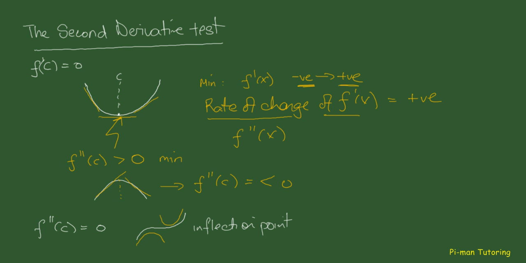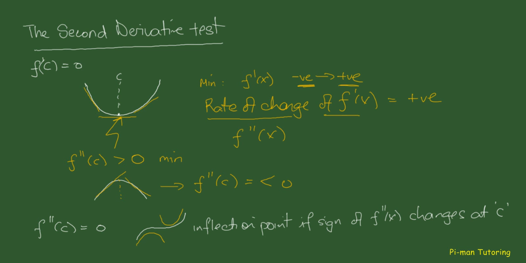So it's an inflection point if the sign of f double dashed of x changes at c. So it is possible to get a second derivative that is 0 and it's not an inflection point.